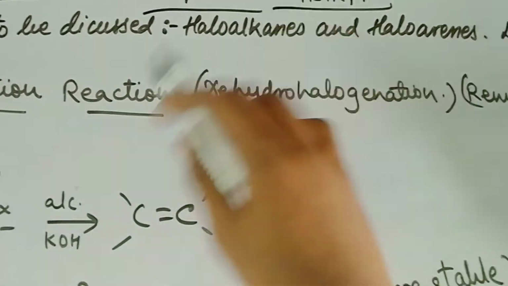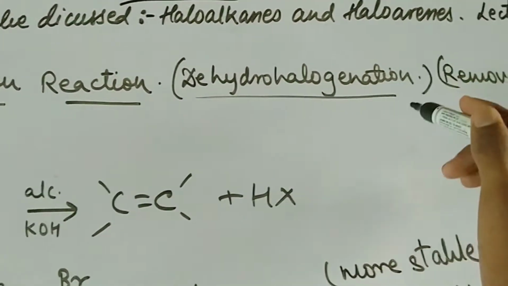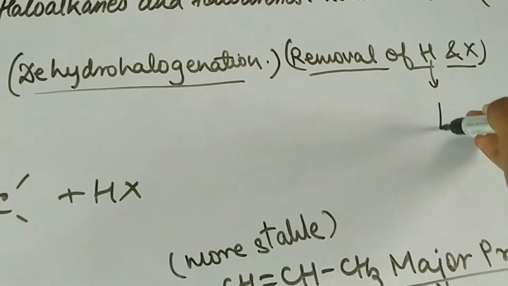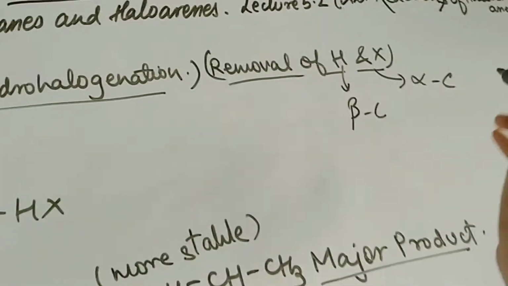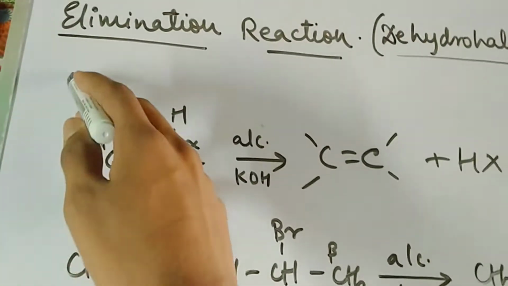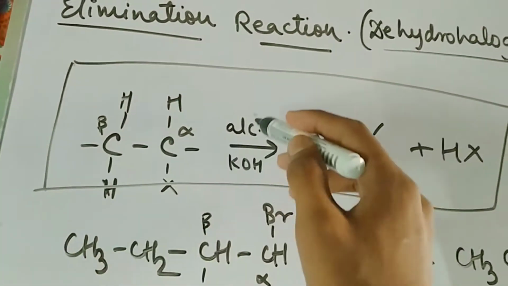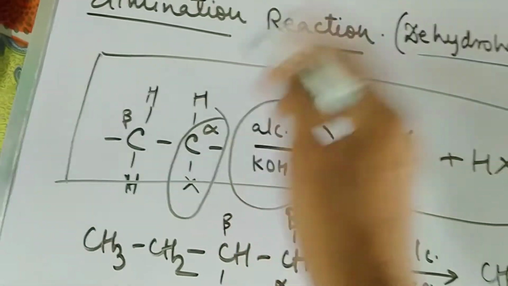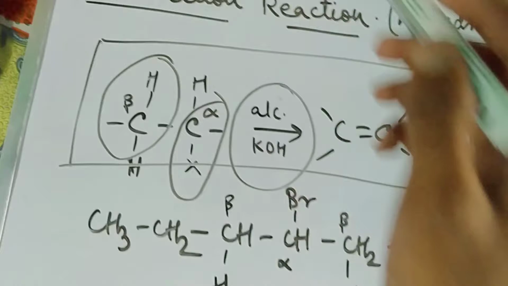We discussed in the last lecture that in elimination reaction we see dehydrohalogenation, where we see the removal of H and X. The H removal is from the beta carbon and X is from the alpha carbon. So here we took an example, which is passed with alcoholic KOH, and the alpha carbon's X is removed and the beta carbon's hydrogen is removed.